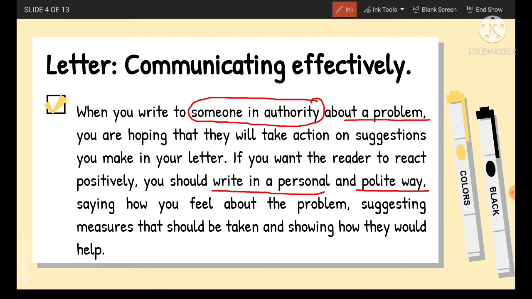And also you have to state how you feel about the problem and give some suggestions that should be taken and show how you can help them to solve the problems. So first you have to write in a personal and polite way, and state how you feel towards the problems and give some suggestions on what they should do to solve the problems.